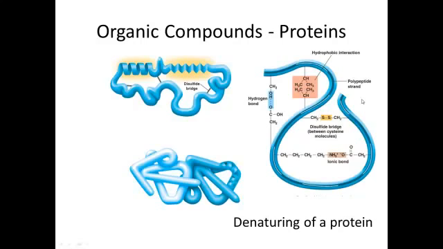Now what happens when you denature a protein is that when you remove whatever it was that was breaking those bonds that held it together in its tertiary, quaternary, or secondary structures, then when it comes back together it forms a different shape. And generally speaking, it doesn't perform the same function that it did before.